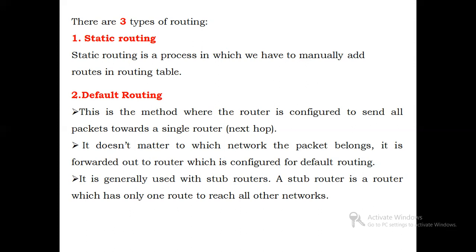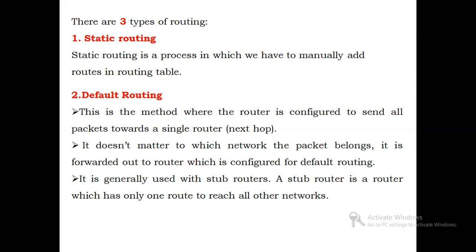For example, if I have a router connected to an internet service provider, all the packets will be routed to that particular hop. It does not matter which network the packet belongs to, it is forwarded out to the router which is configured for default routing.